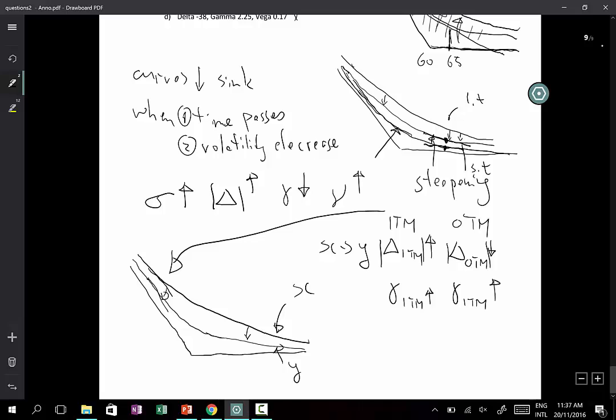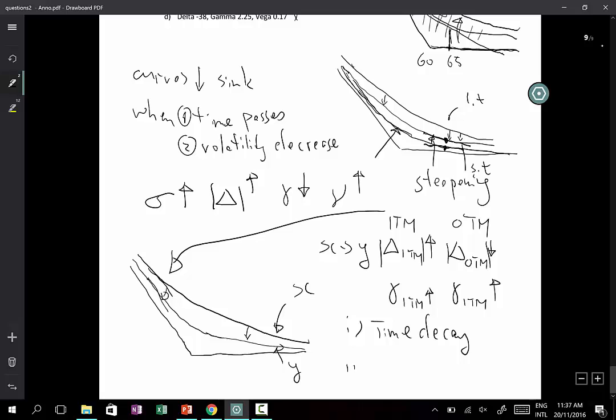Now, what I do want to say in addition is, what do I mean when your curve goes from X to Y? Now there can be two scenarios. One is time decay, of course, when time passes.